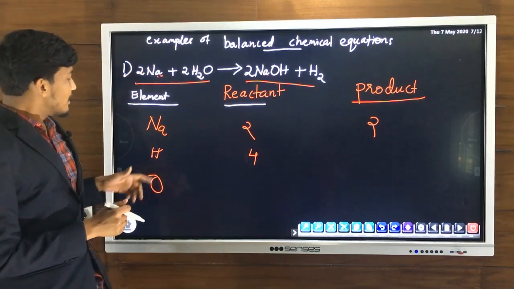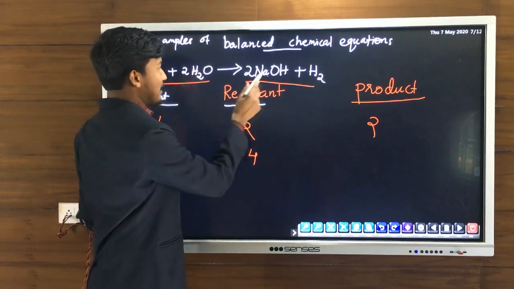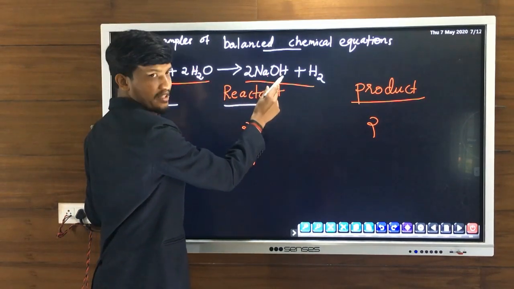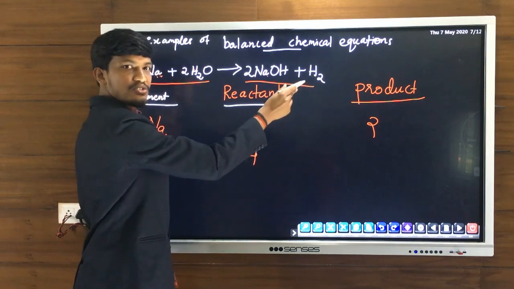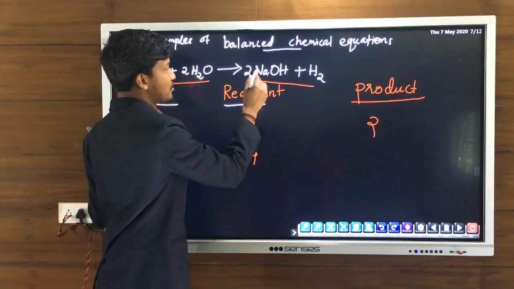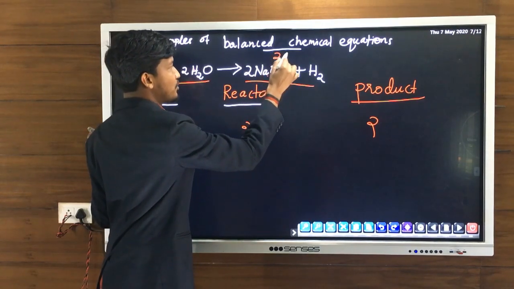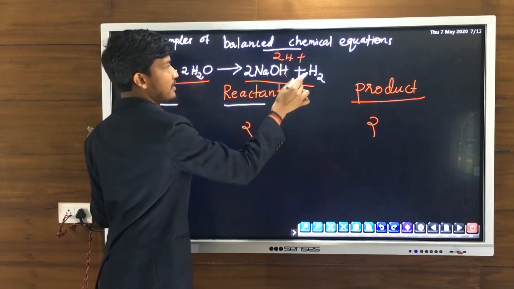Now the number of hydrogen atoms on the right side. In the first product there is H, in the second product also there is H. So we have to consider both the products. 2 into 1, H1, therefore 2 hydrogen, plus, why plus?